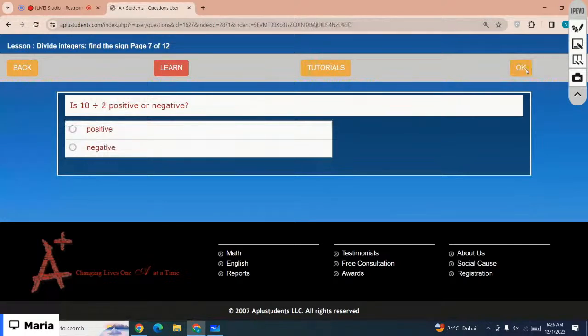Is 10 divided by 2 positive or negative? It is positive because both the numbers are positive, so the answer must be positive.